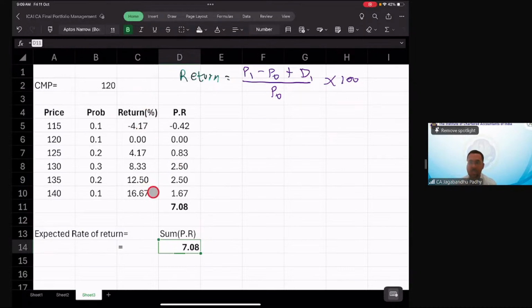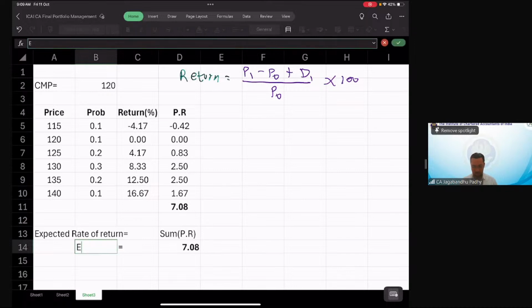So how do we measure that degree of fluctuation or degree of deviation or degree of variation? We simply calculate something called standard deviation. We have already done that in the chapter of advanced capital budgeting. So this is our expected return.